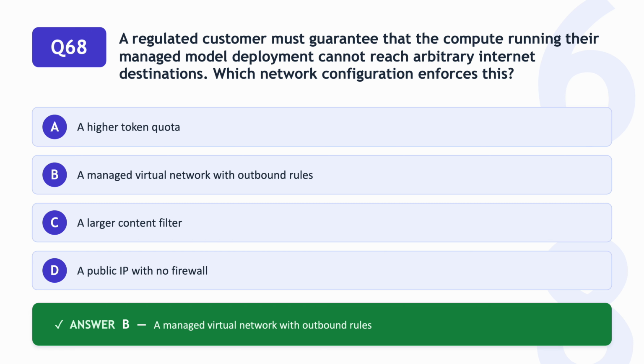You can configure it to allow only approved outbound destinations, minimizing data exfiltration risk and preventing access to arbitrary internet endpoints. In Azure managed AI environments, a managed virtual network provides network isolation for managed compute resources and can be configured with an allow-only-approved-outbound mode.